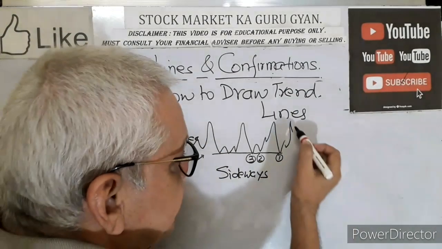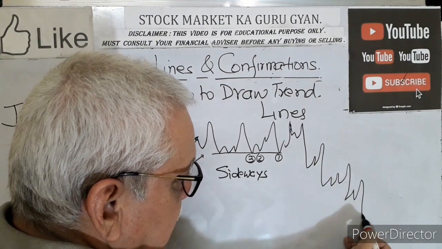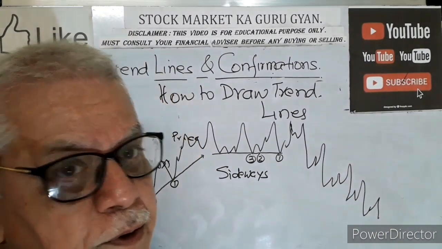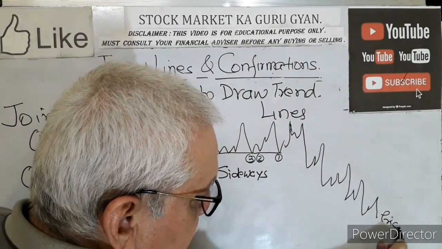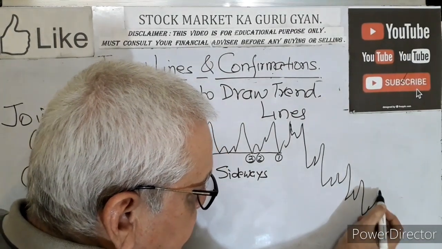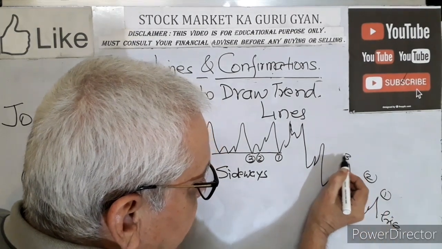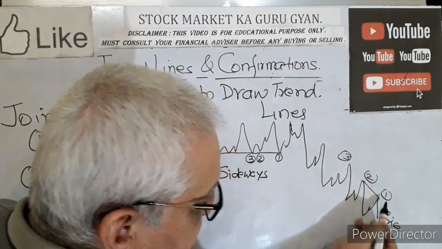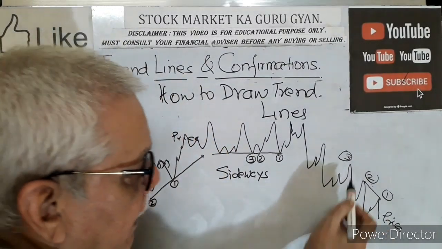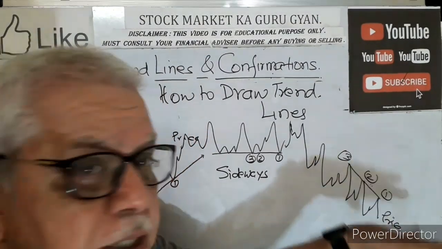Okay, after this the market goes down. Here is the price right now. So this is point 1, this is point 2, this is point 3. If you join point 1 and 2, it will give you the trend, and if you join the third point also, it will confirm the trend.